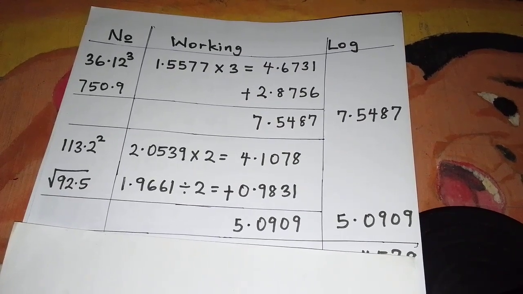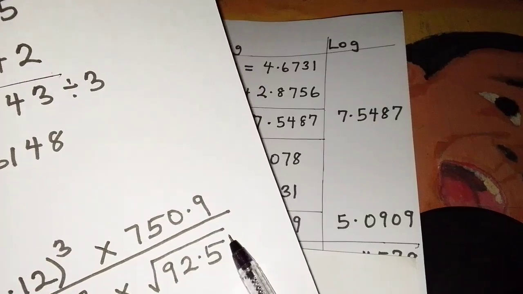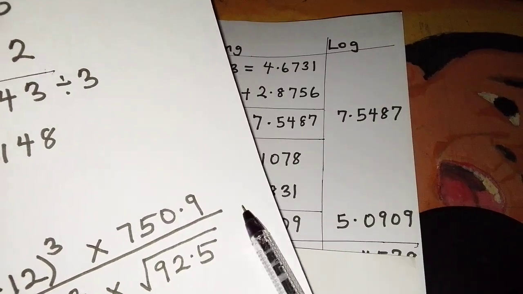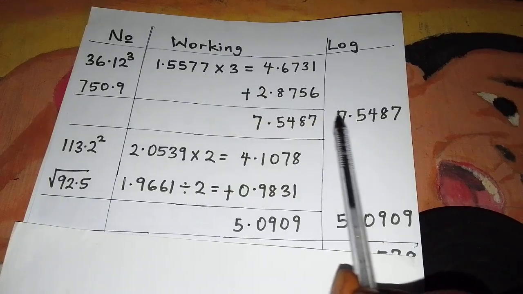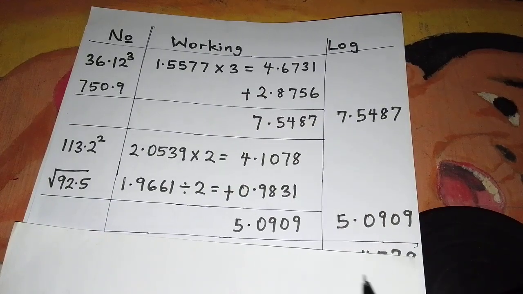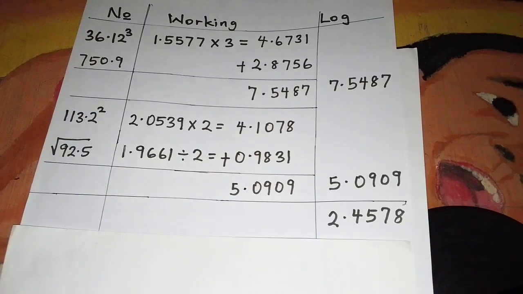Now the numerator is divided by the denominator. Since division is involved, you subtract the denominator from the numerator. When you subtract them, you are going to have 2.4578. So now for the final answer here, you are going to use it to look for the antilog.